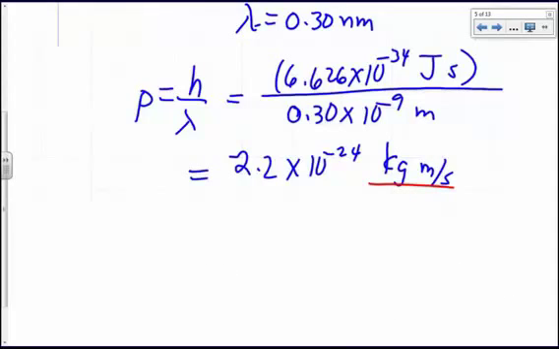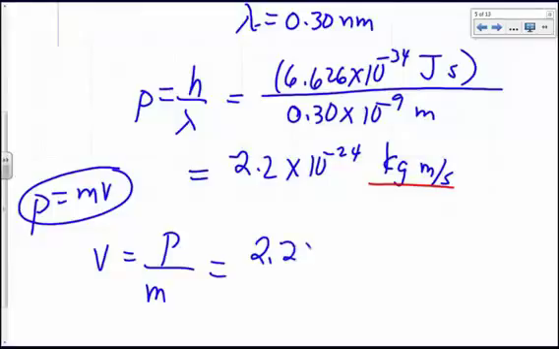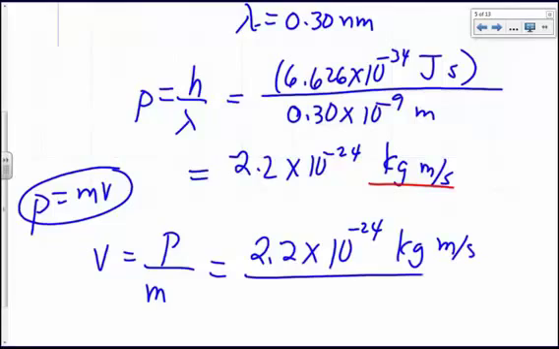How do you calculate the speed? You can use the Newtonian formula. So momentum is mass times speed. So solve for speed: v is P over m. So 2.2 times 10 to the negative 24 kilograms meters per second divided by, what's the mass of an electron? This is a good number, easy number to remember, 911. 9.11 times 10 to the negative 31 kilograms.